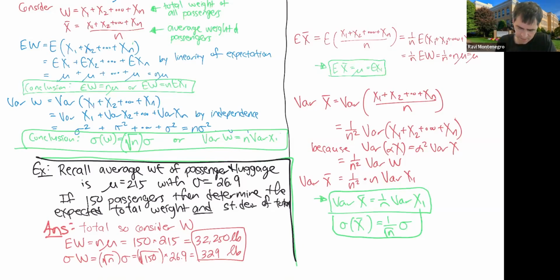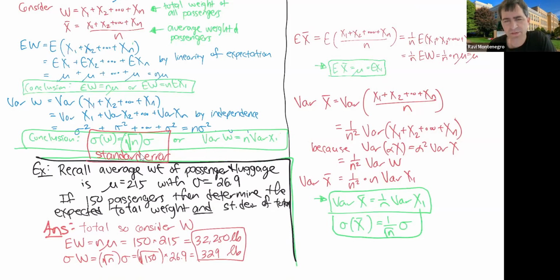Let me go up to there and mention that. And that means that when you are looking for your total weight, the standard error tells you something about how much it changes.